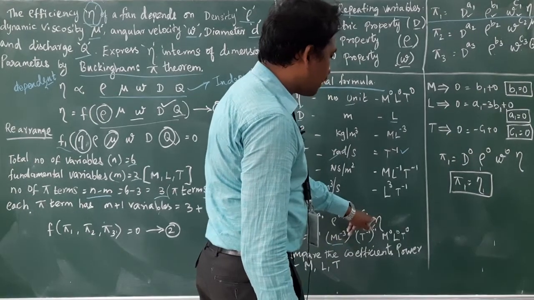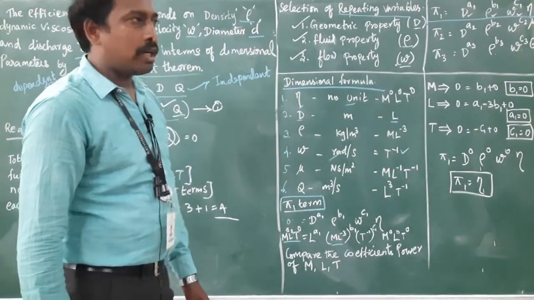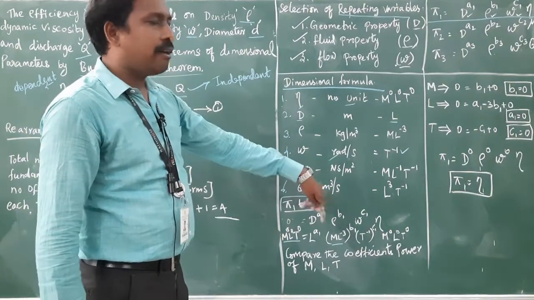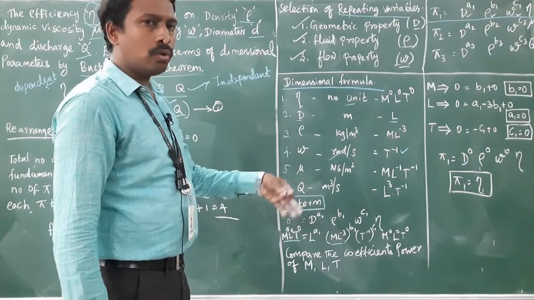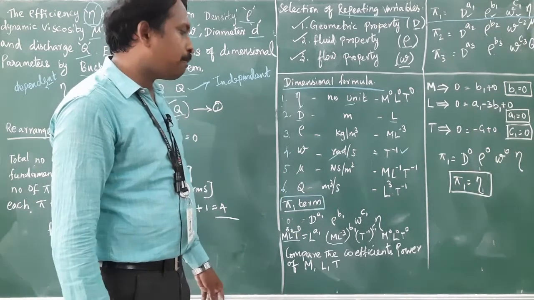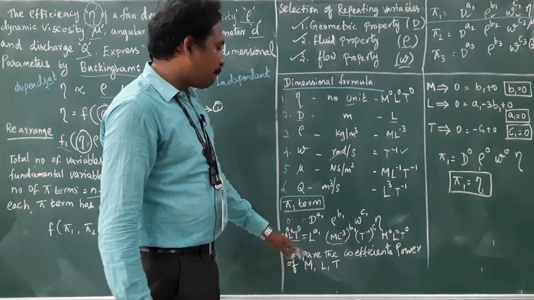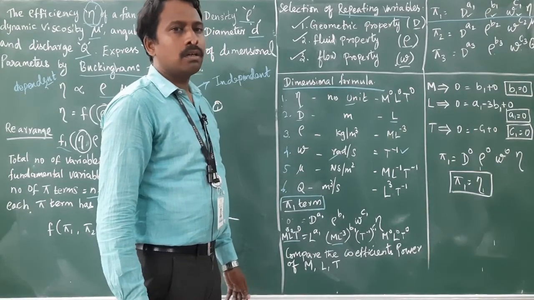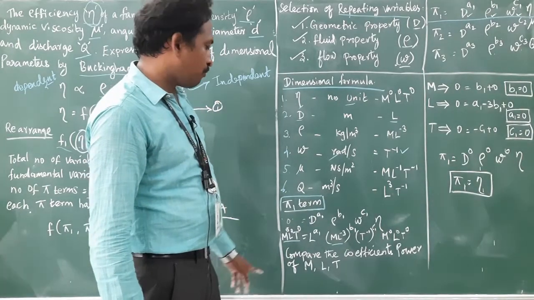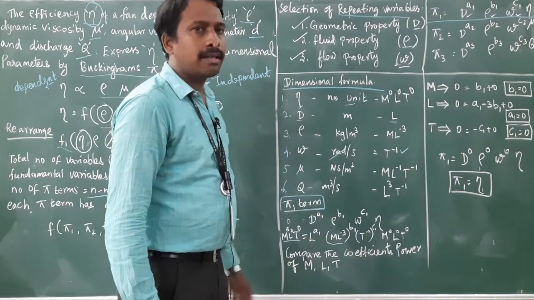Next, efficiency's dimensional formula is M power 0, L power 0 and T power 0 because efficiency has no unit. So I am writing M power 0, L power 0 and T power 0. Next step is to compare the coefficients of the powers of M, L and T.